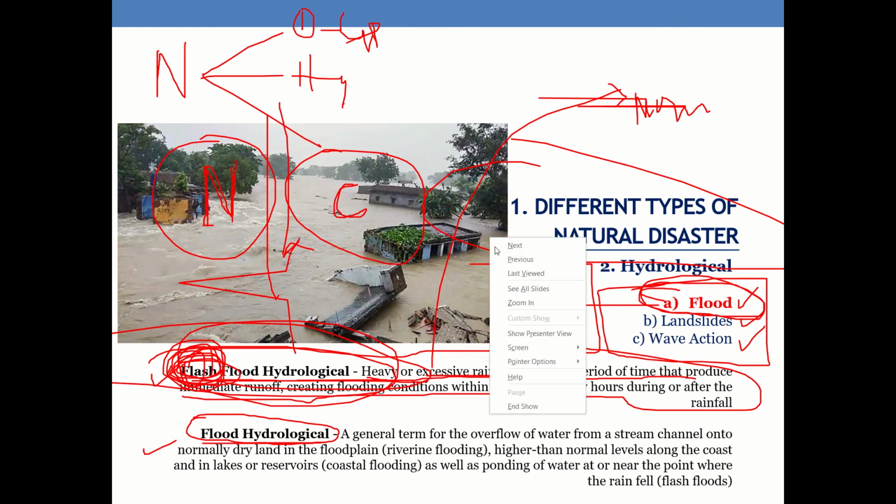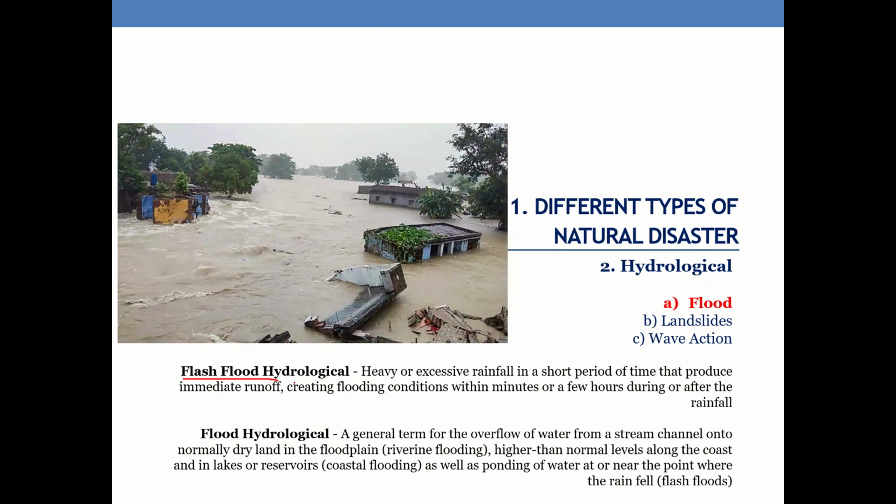So that leads to floods, and it's primarily called flash floods. If you see the definition, it says heavy or excessive rainfall in a short period of time that produces immediate runoff, creating flood conditions within minutes or within hours or after the rainfall. So that's flash flood. This is one type of flood.